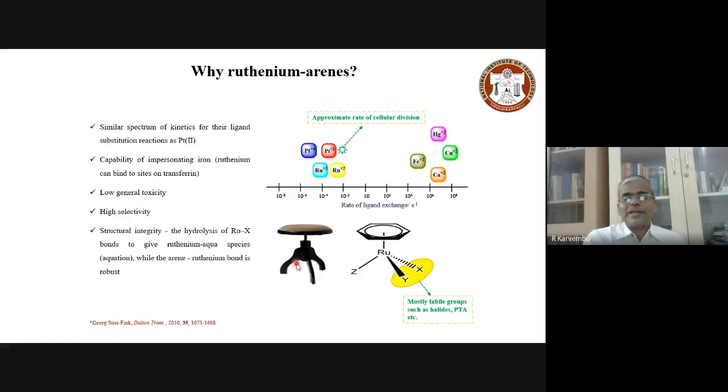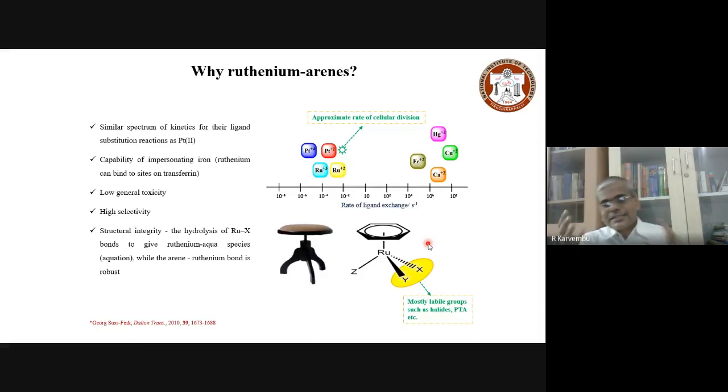And not only that, when this undergoes hydrolysis like cisplatin, one of these ligands will be replaced by water to form the aqua complex. During this hydrolysis, the stability of the structure is retained due to the presence of the arene. Because normally ruthenium complexes are very sensitive to moisture. You cannot do hydrolysis very easily, right?